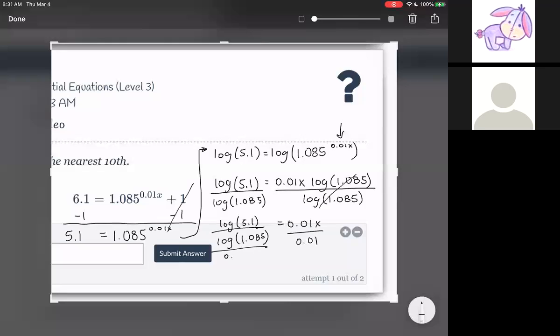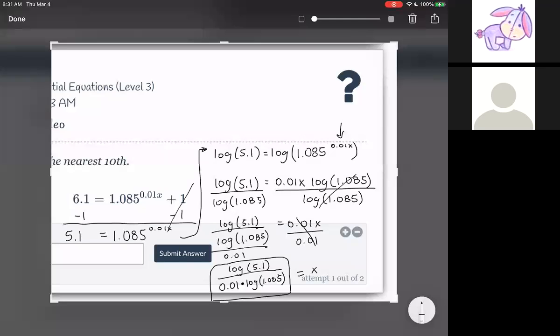So divide by 0.01, and that way those cancel out. We get it's equal to x. And then on the left side, we get log of 5.1 divided by 0.01 times log of 1.085. And so this is what I will type into the calculator.